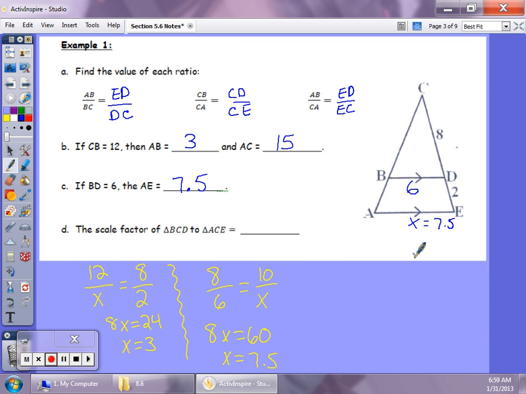If we take the right-hand side of the small triangle, which is CD, has a value of 8, and the length of CE, which has a value of 10, that's the large triangle right side, and we reduce our scale factor, 8 to 10 reduces to 4/5. So the scale factor from triangle BCD to triangle ACE is 4 to 5.